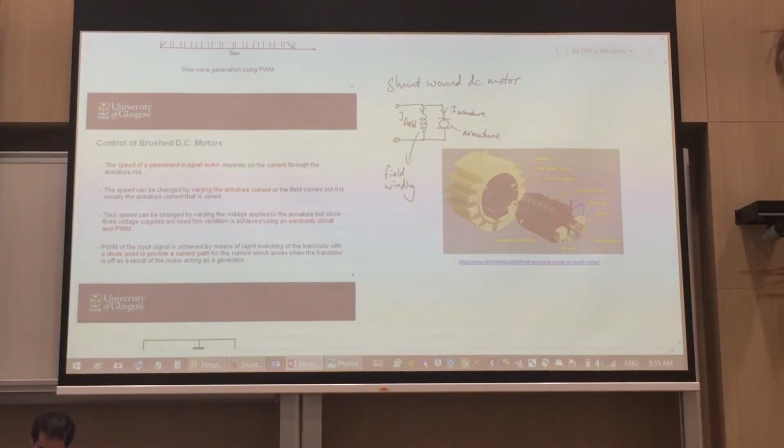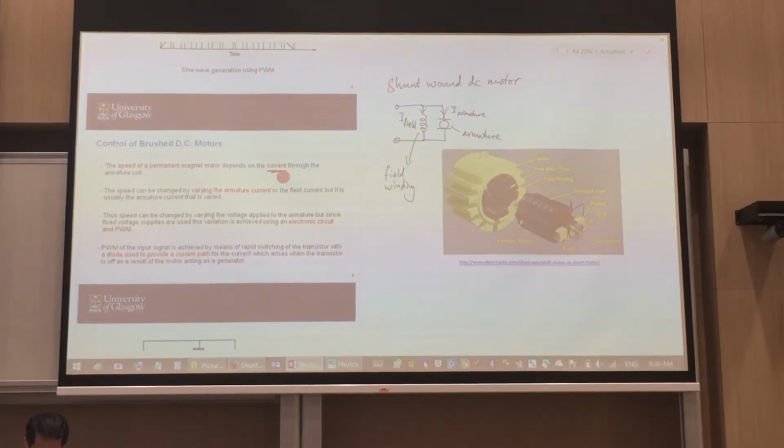So the speed of this rotation by your permanent magnet motor that you have seen before actually depends on the current that's going through your armature coil. So the higher amount of current that's going through your armature coil, the higher speed your motor will take. And by changing that current, you can adjust the speed of your motor rotation.